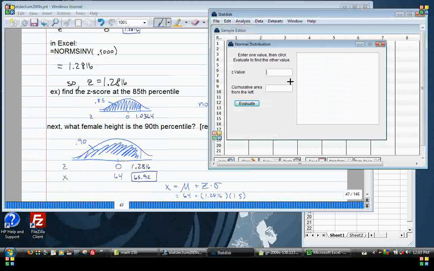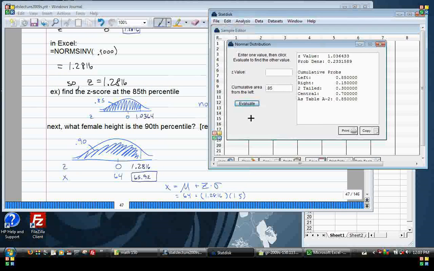No. Do we know the cumulative area to the left? Yes, and what is it? 0.85. Click evaluate, and what do we need? The z-value, and there it is. Okay, then use this one. Okay, good.